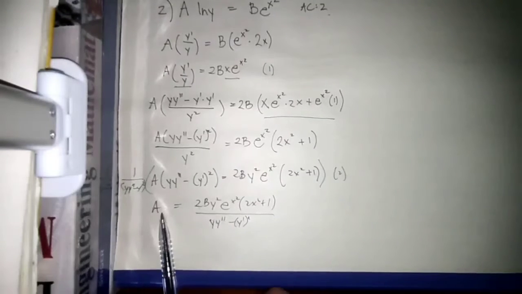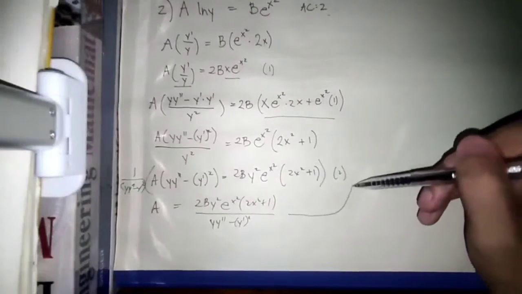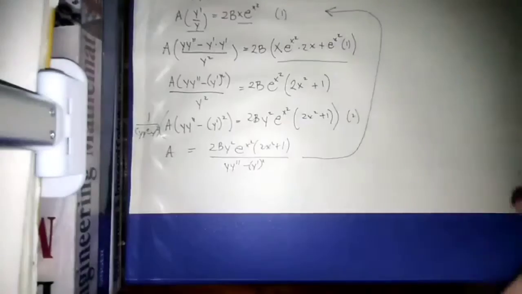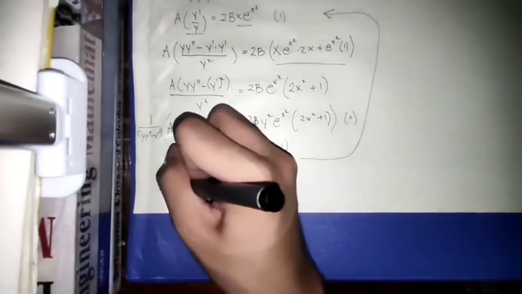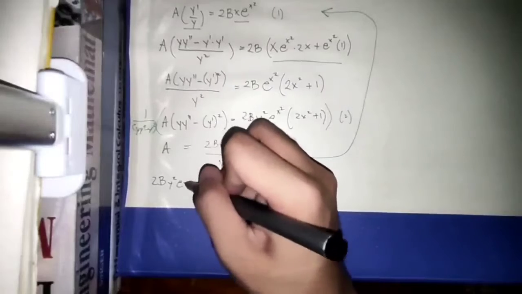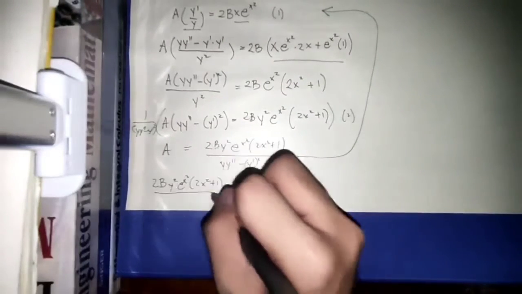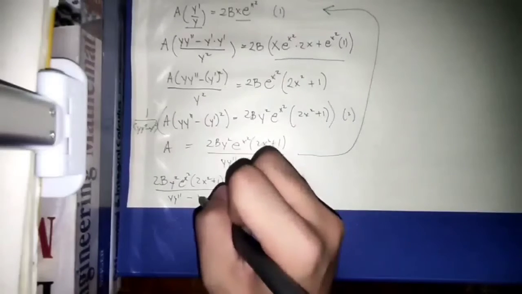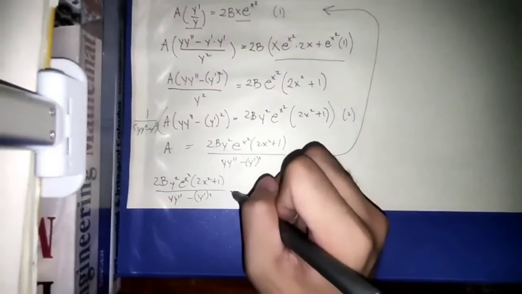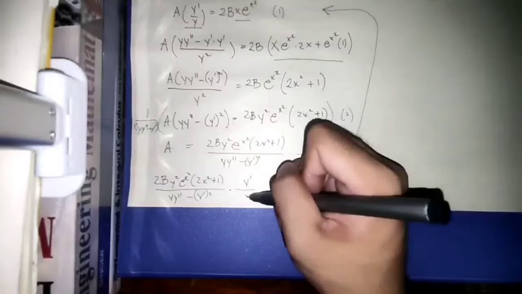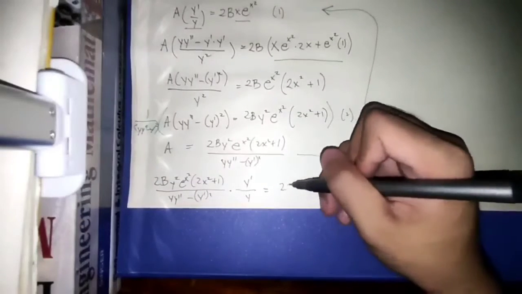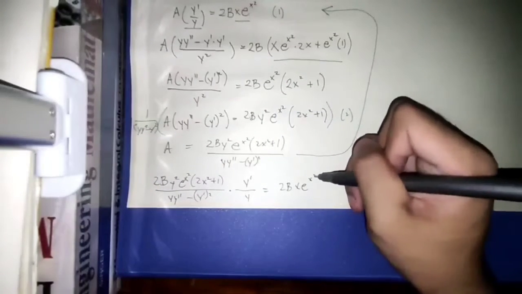Now let's try to substitute this value into equation 1, giving us 2b y squared e raised to x squared times 2x squared plus 1 all over y double prime minus y prime squared times y prime over y equals 2bx e raised to x squared.